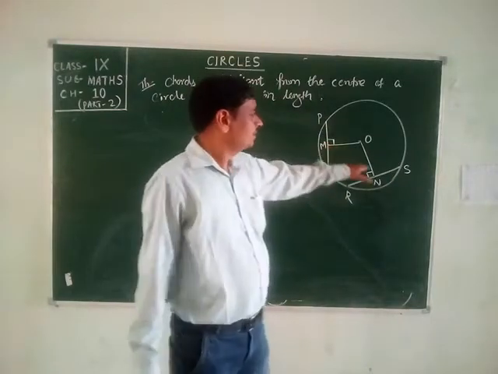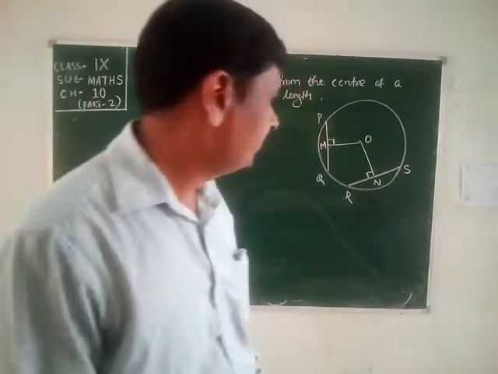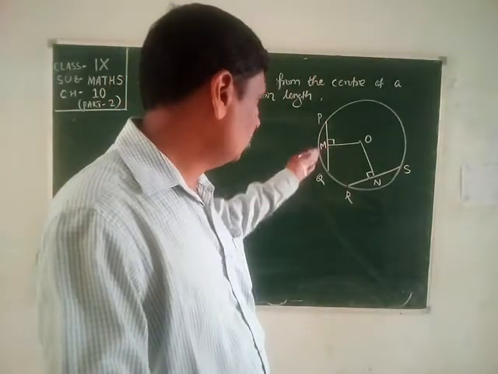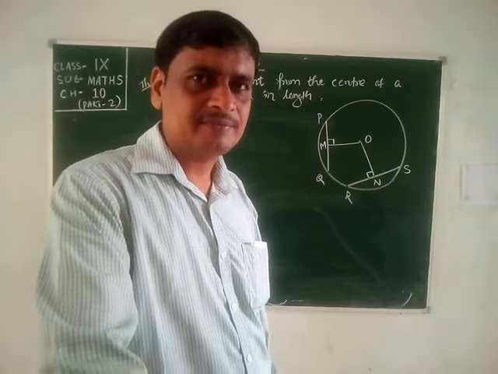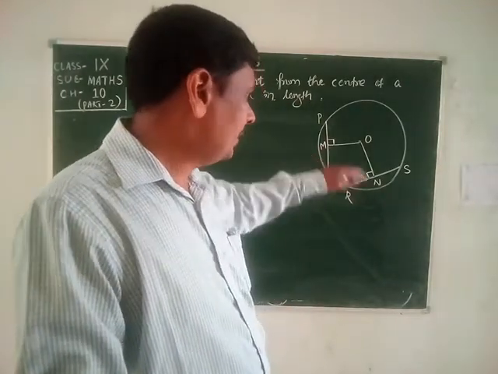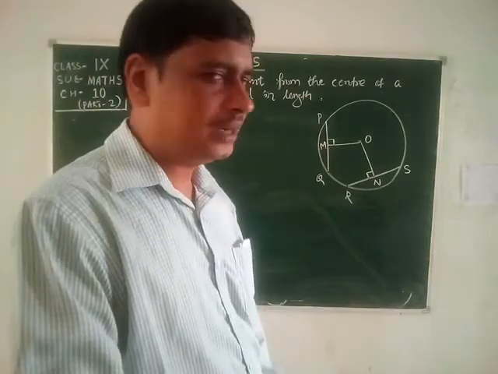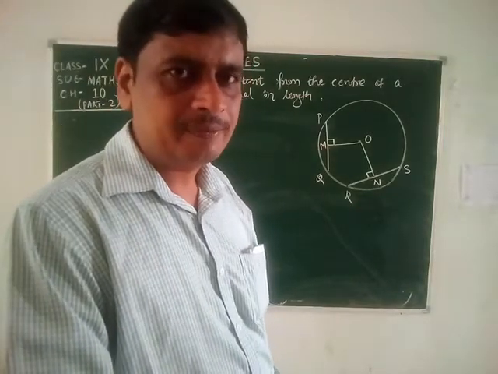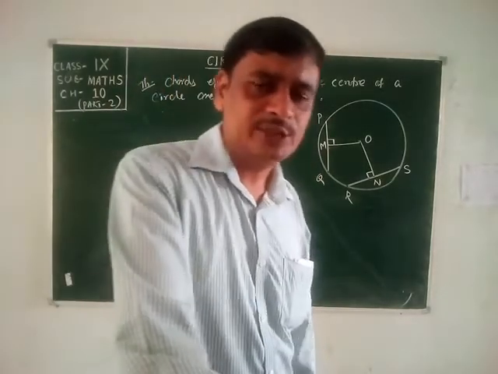Let these be the perpendiculars OM and ON. OM is perpendicular on PQ and ON is perpendicular on RS. If OM and ON are equal, according to the theorem, then PQ and RS will also be equal.